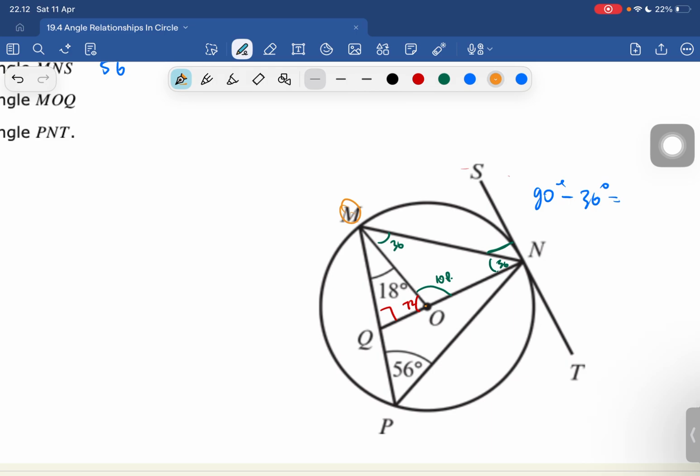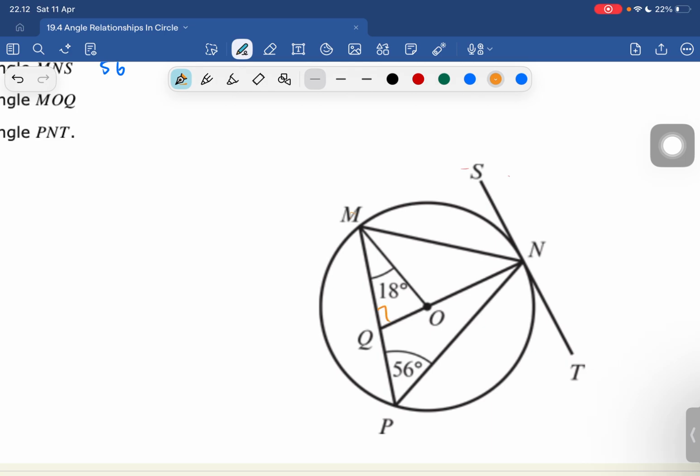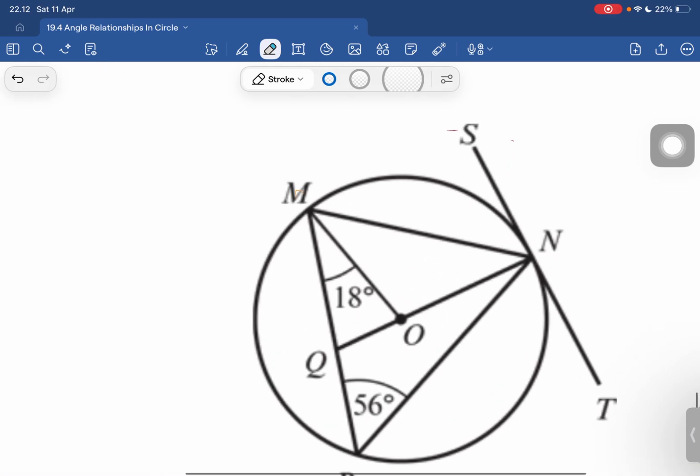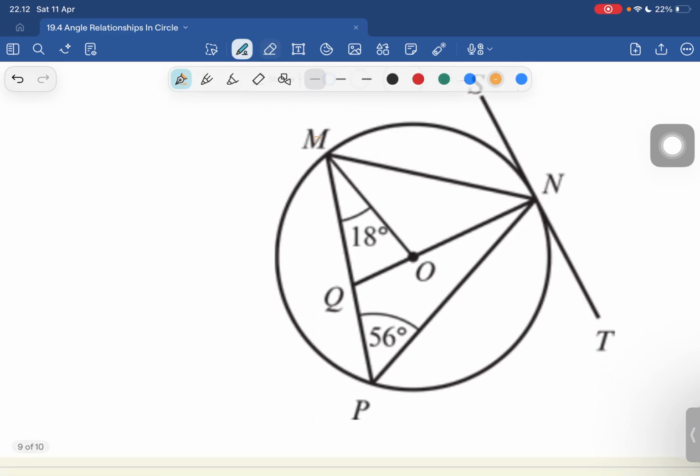So if this is 18, yeah, we cannot make it that way. So here, as we know, it's not always a right angle. Look at it. This angle at the center is twice 56.